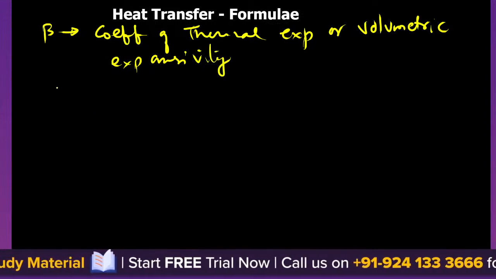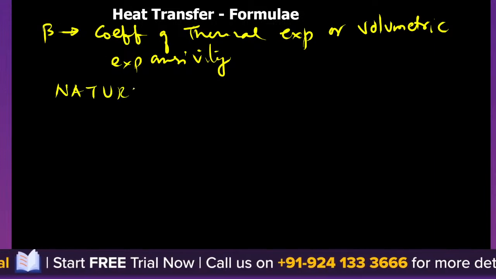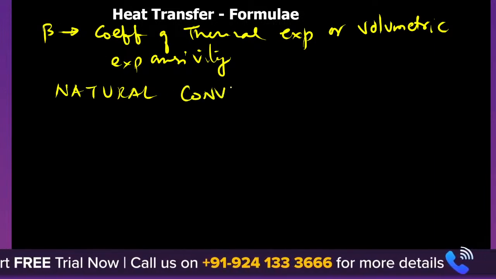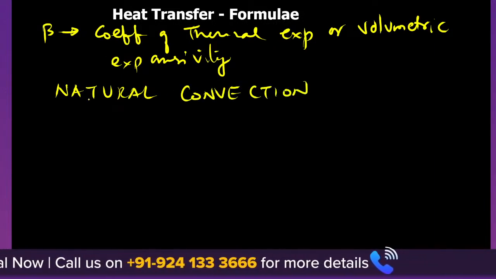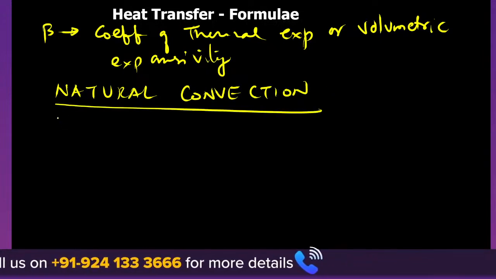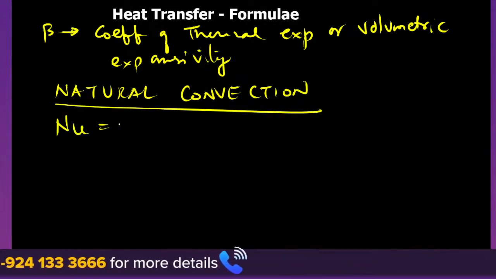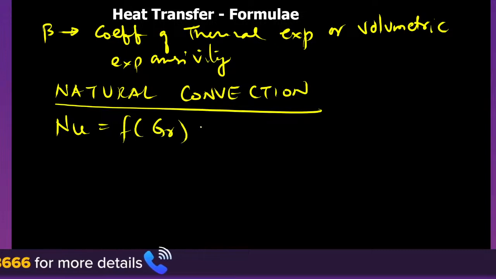So in case of natural convection, we can say Nusselt number is a function of Grashof number multiplied by a function of Prandtl number.